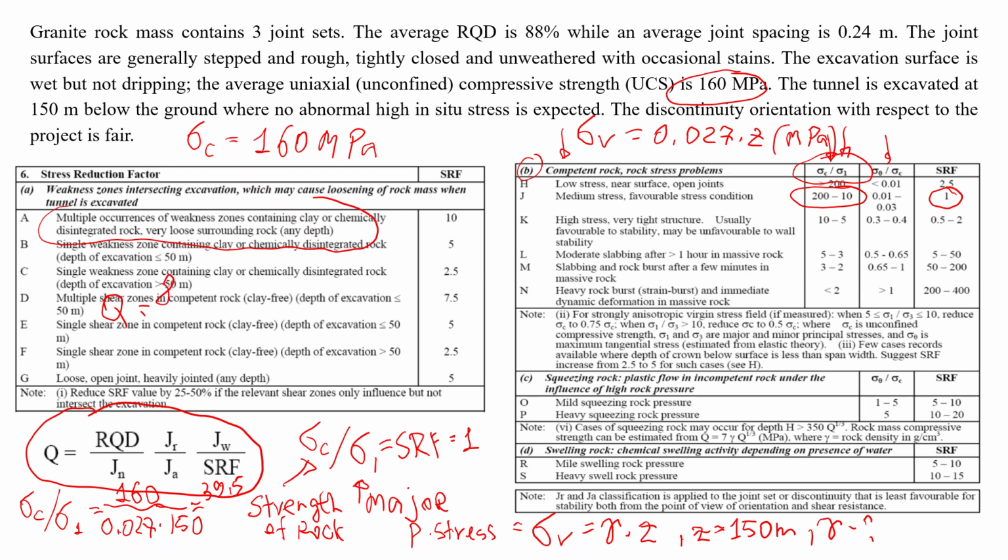So RQD is 88 divided by 9. That was about the number of joint sets. Then times 3 divided by 1, and then times 1 divided by 1. I hope you can see it. Sorry guys if you cannot see it, because there is not much space. I should have probably left a little bit of space on the slide.